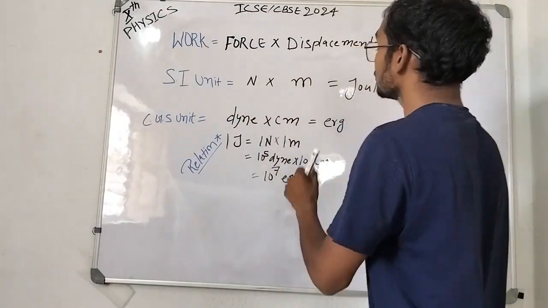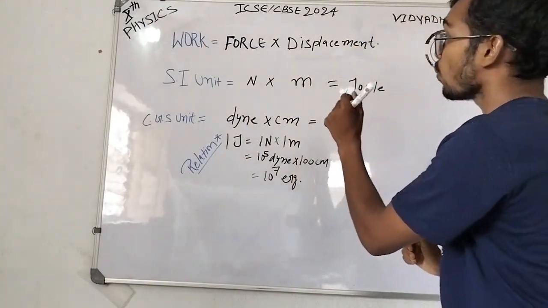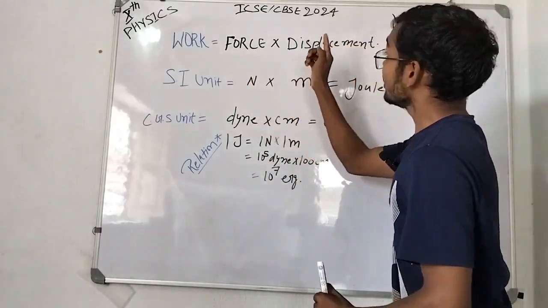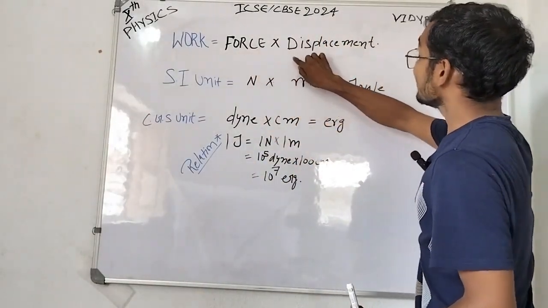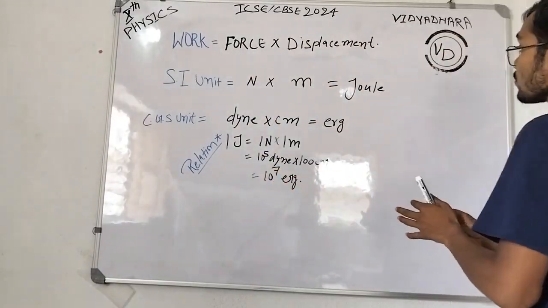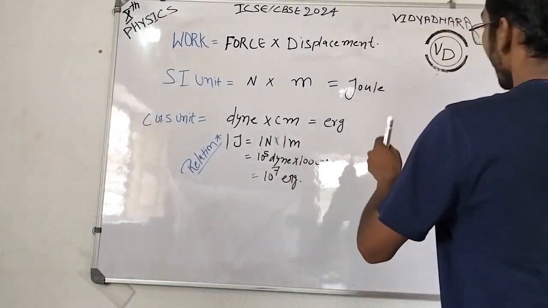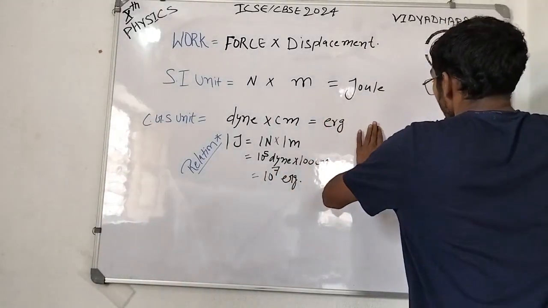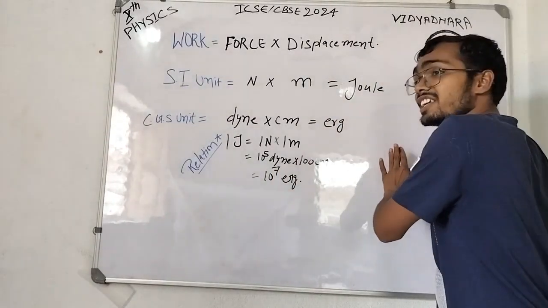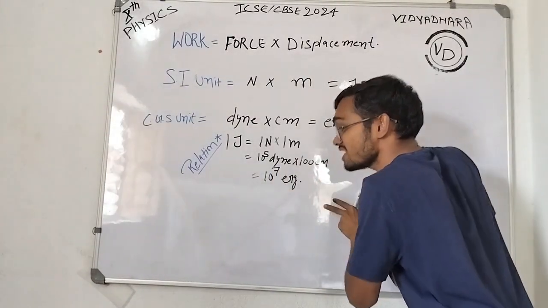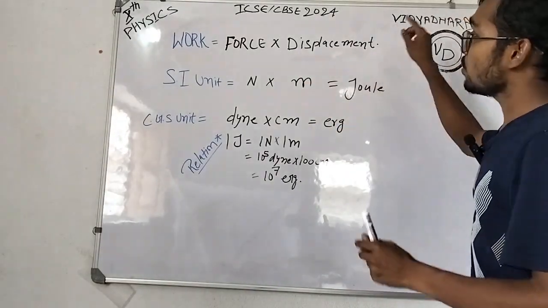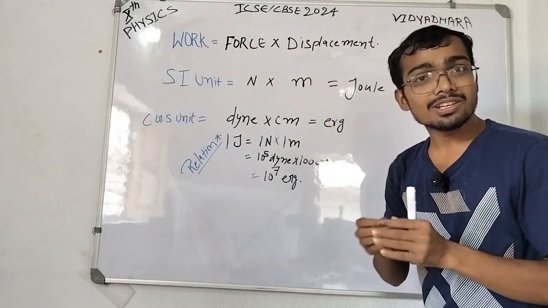Force into displacement. Work is said to be done only if force and displacement are there. For example, if I am pushing this whiteboard very forcefully, but it doesn't displace, then displacement is zero, so work is zero.